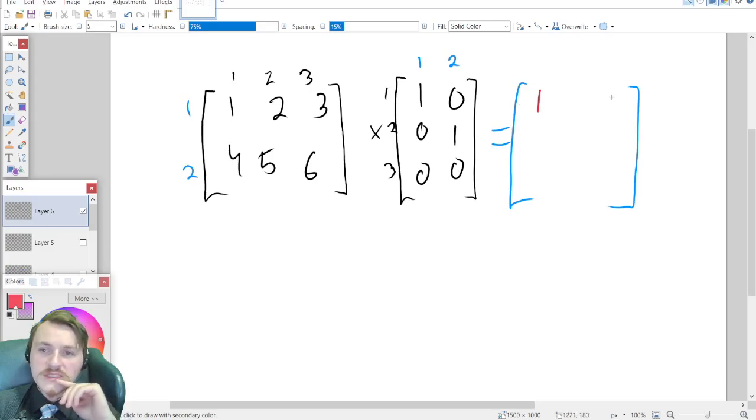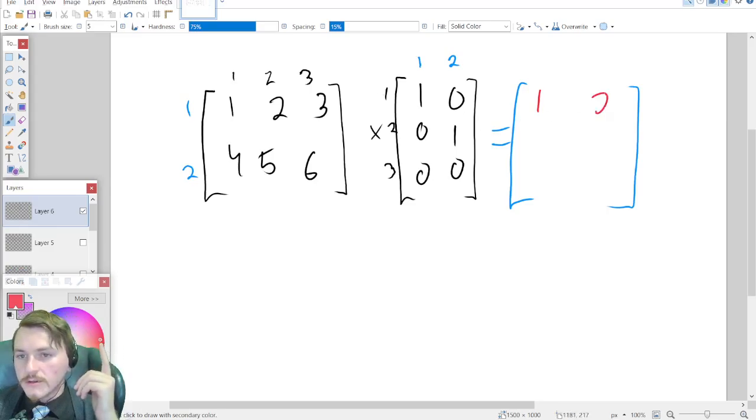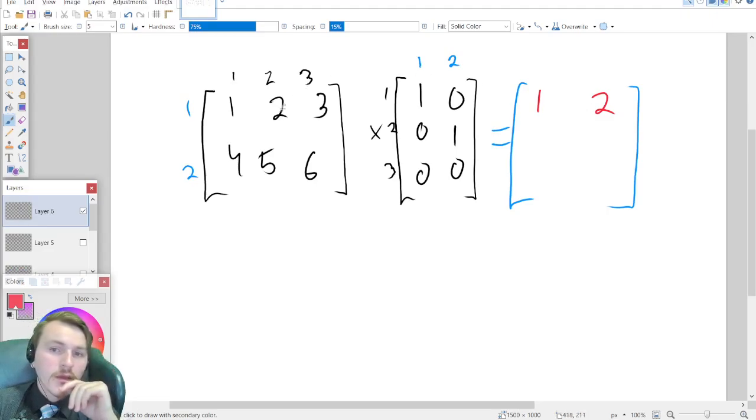First row, second column. 1 times 0 is 0. 2 times 1 is 2. 3 times 0 is 0. Okay. We've gotten the first row done. We can do the second row. Second row, first column.